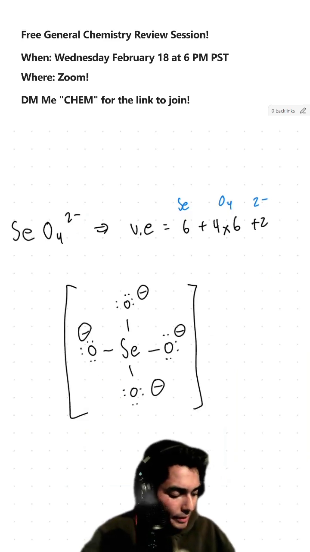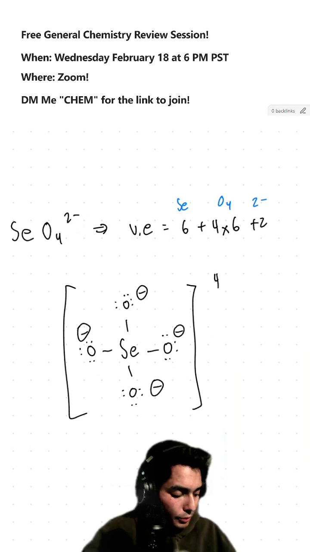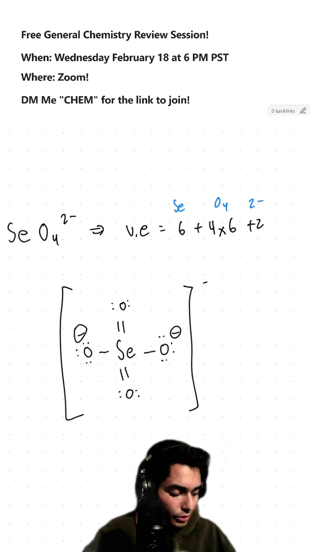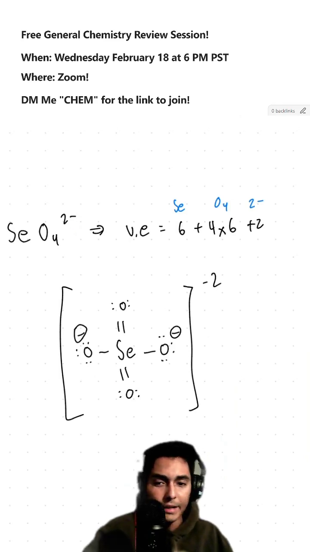So at the moment, I have 1, 2, 3, 4, -4. I don't want -4, so I've got to get rid of some of these single bonds and turn them into double bonds. I'm going to get rid of that one and that one here. So now I have a double bond and a double bond. Now this is SeO4 2 minus here. I think we are solid here, chat.